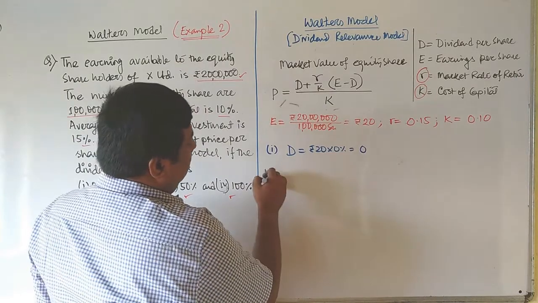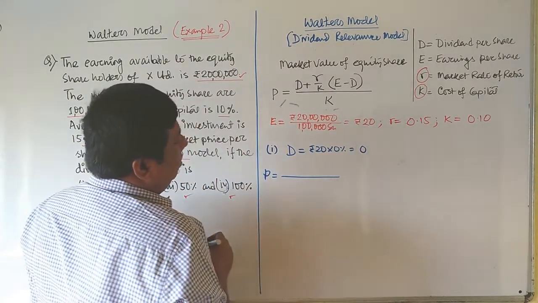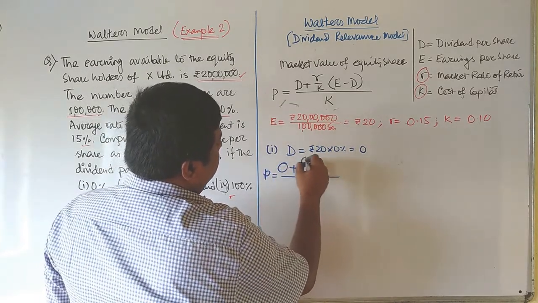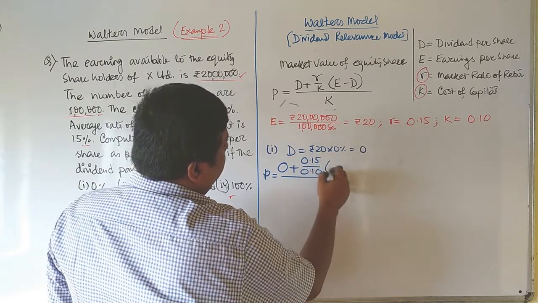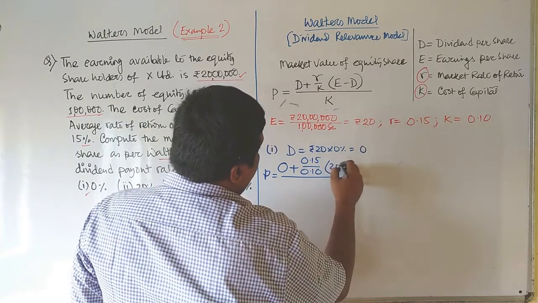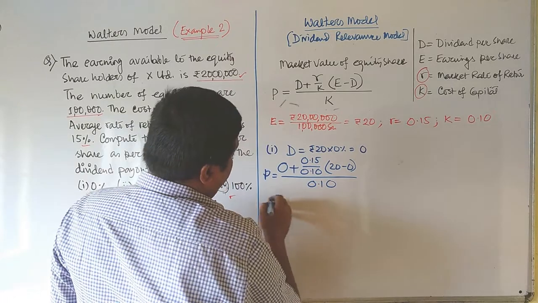Now plot the formula according to Walter's model of market value per equity share. D, that is 0 over here, plus R 0.15 by K 0.10, E minus D, E is known, 20 minus 0, divided by 0.10.